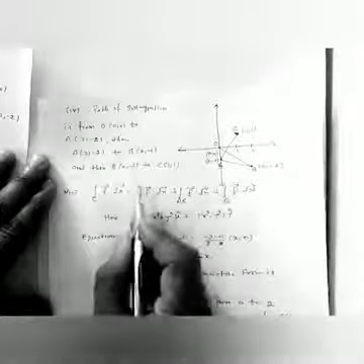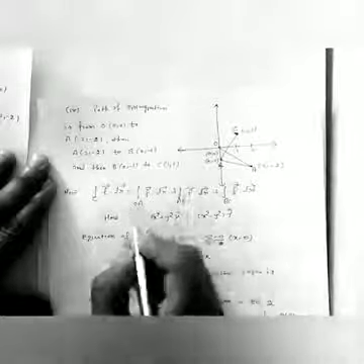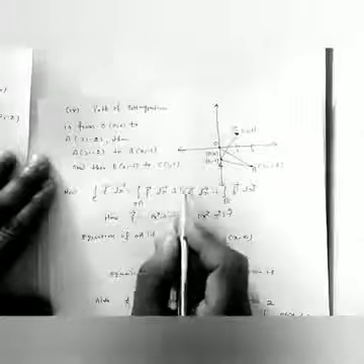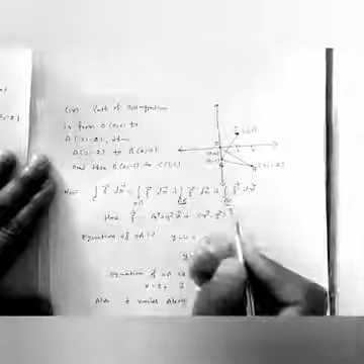It can be written as the line integral along the curve OA plus the line integral along the curve AB plus the line integral along the curve BC.